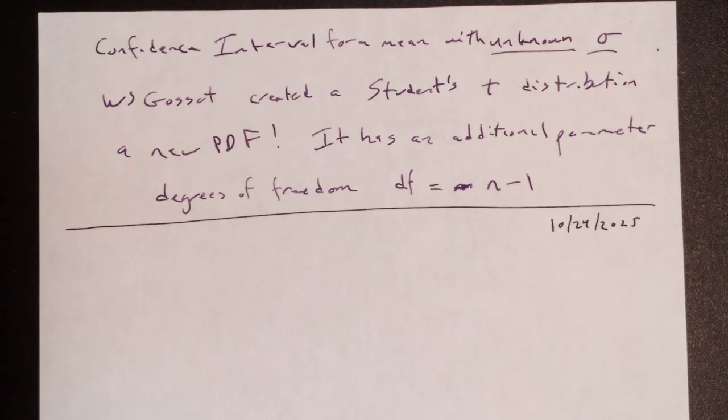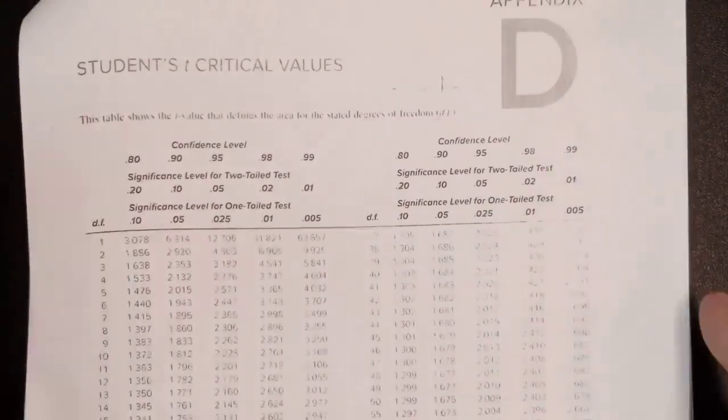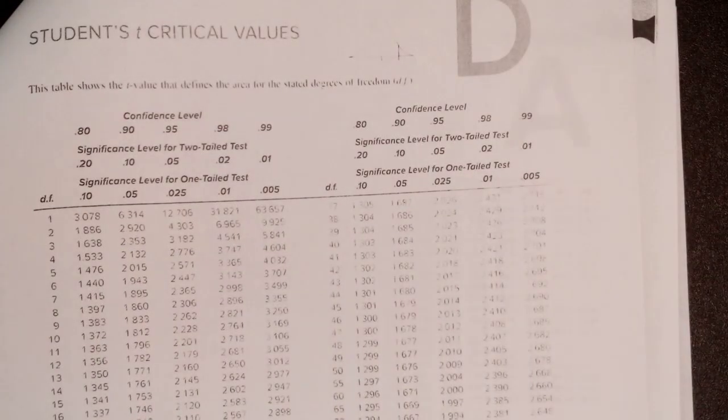So in Appendix D, we have another table. It is a very different table because it only lists what are referred to as critical values. If you're taking calculus, there's this thing called critical numbers.